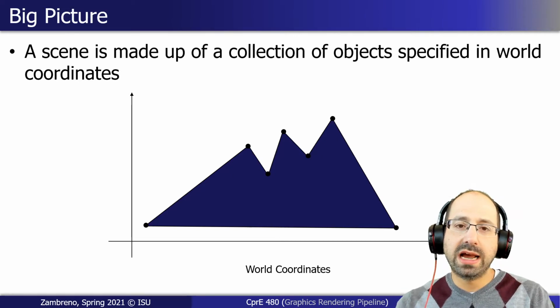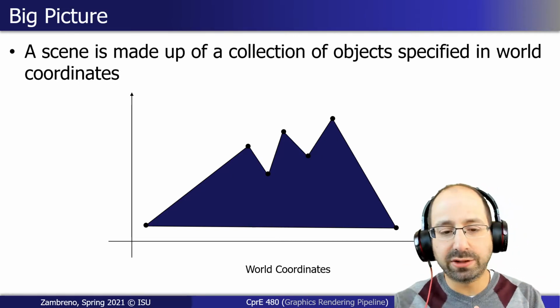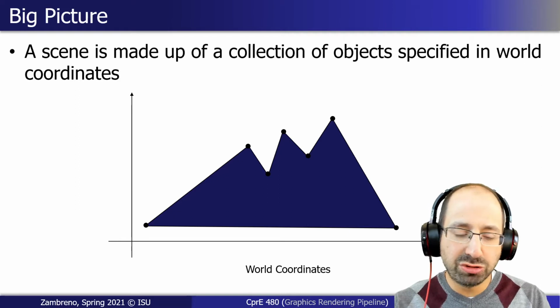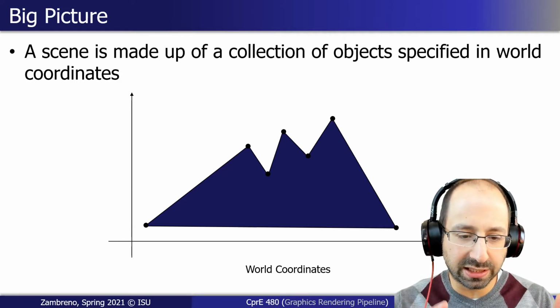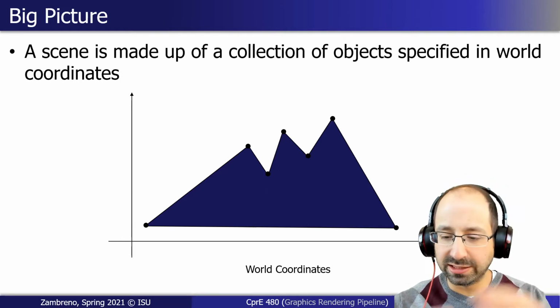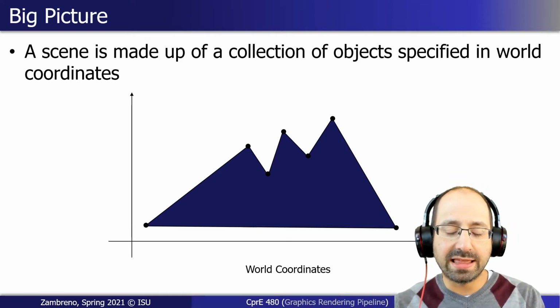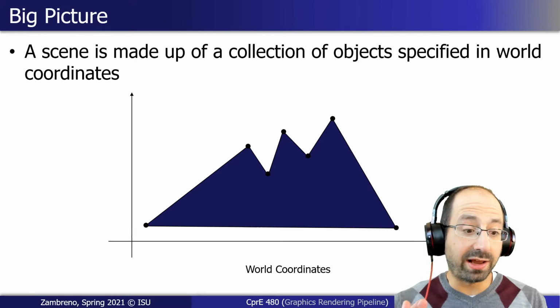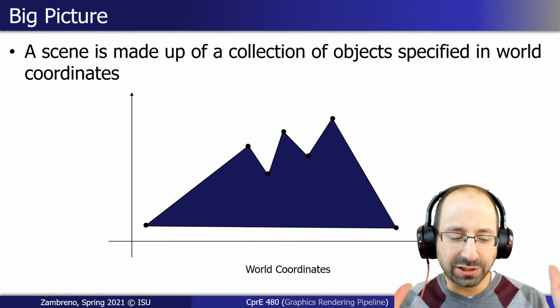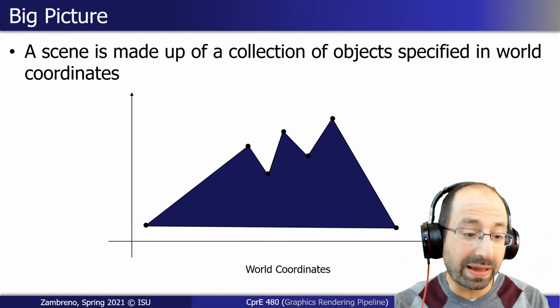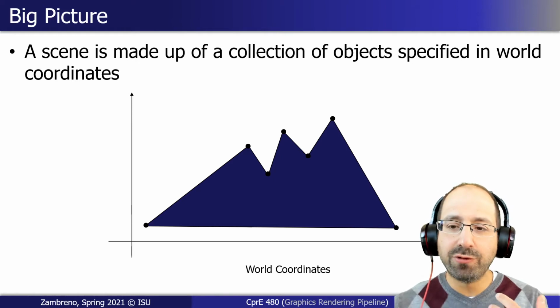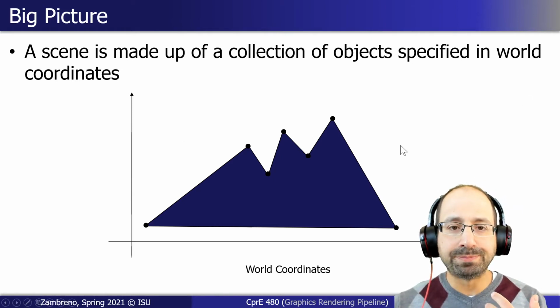that you have your scene and it's got a collection of objects. And let's not worry too much about how this particular object was created as just an arbitrary kind of geometric looking shape here. That you have these coordinates that are specified, right? And we have our vertices, and eventually we're filling in shapes based on what we have specified for our vertices.